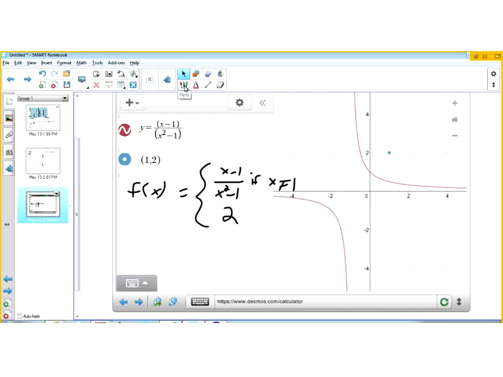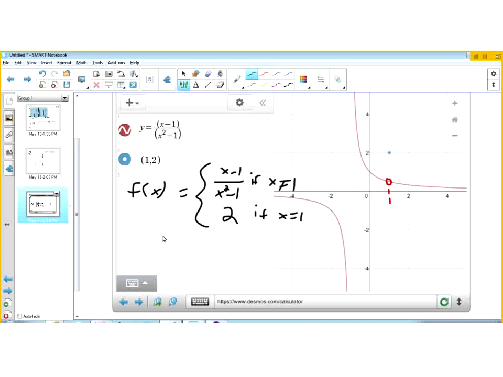Otherwise, it's equal to 2 if x equals 1. All right. So let me go ahead and reinstate the discontinuity, the hole. Okay. So there's the hole. Not shown on the computer graph, but we'll show it. But we did nevertheless give the function a value at x equals 1.